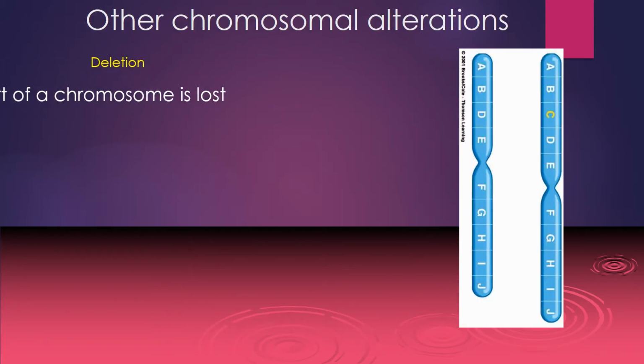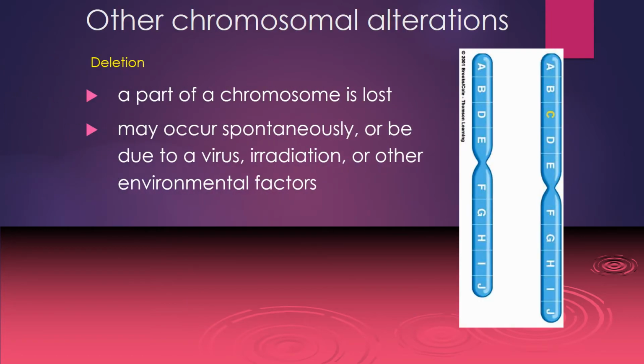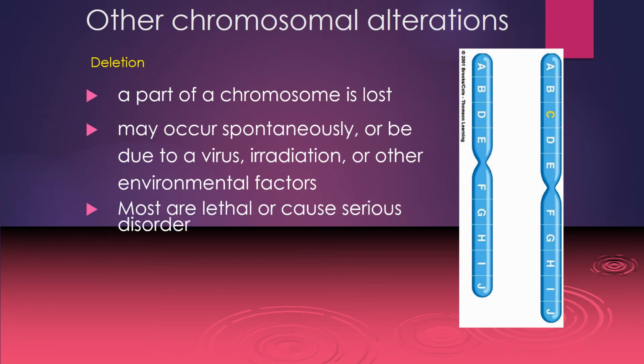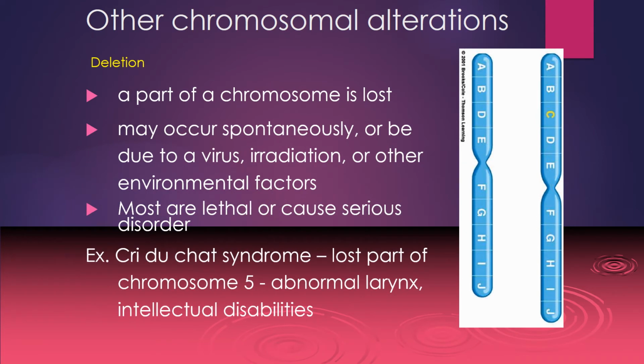One of the other common causes of chromosomal alterations is a deletion of genetic information. So in this case, we're looking at chromosome 5 on the right-hand side, and the area of C has been lost. That can happen due to maybe a virus or a radiation or some environmental factor. It can also occur spontaneously.